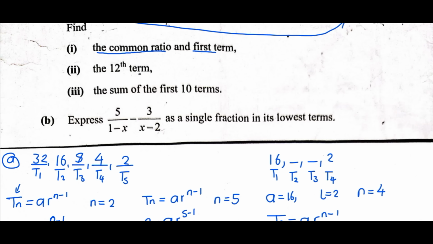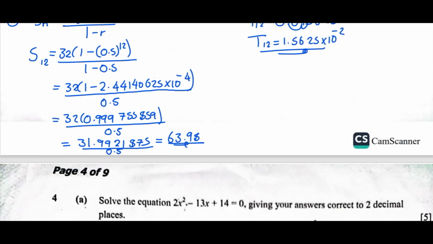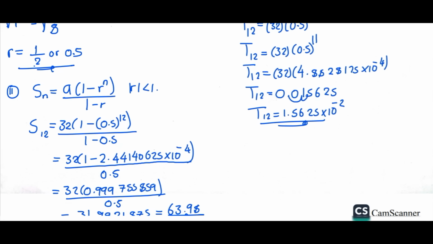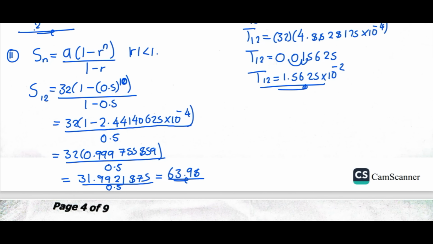Then for Roman number 3, what we just have to do is, instead of using 12, we just change it to 10 here. The rest is correct. So we're just going to cancel this number.